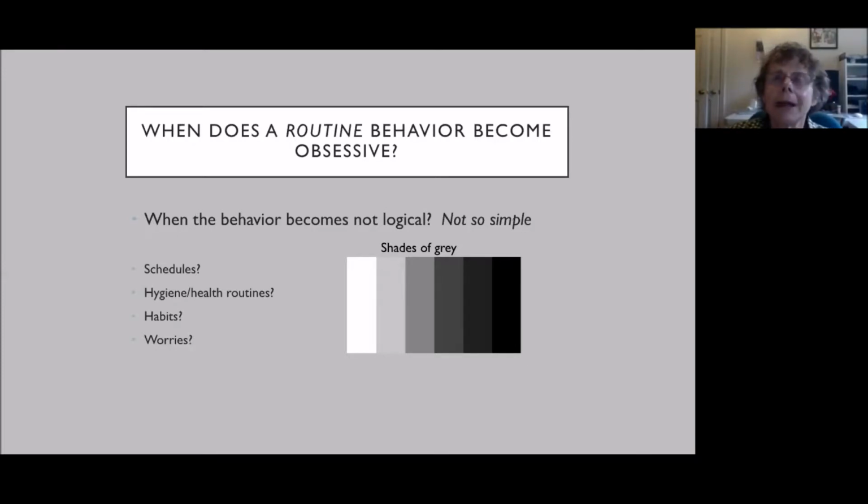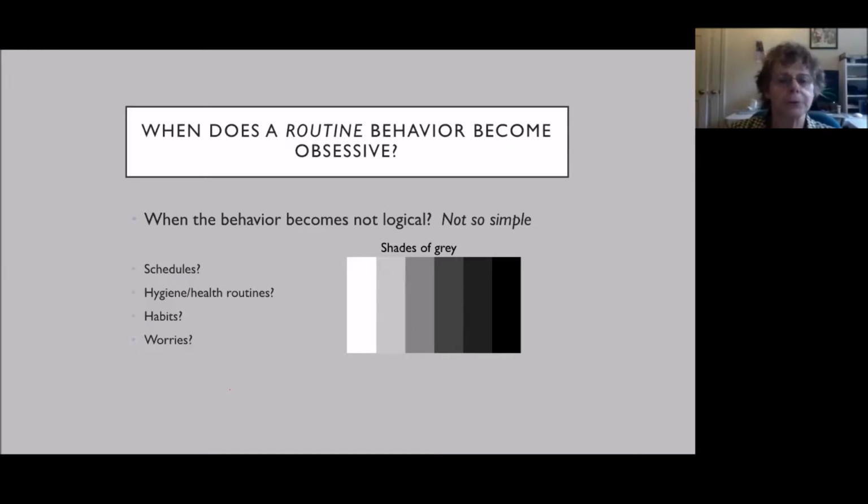So I'm going to talk about the range of behaviors that we can then learn from as it becomes an obsessive compulsive disorder, or what we would call pathology. When does behavior become not logical? Well, it's not so simple. Schedules are important, getting up in time to go to work, to get your kids dressed.